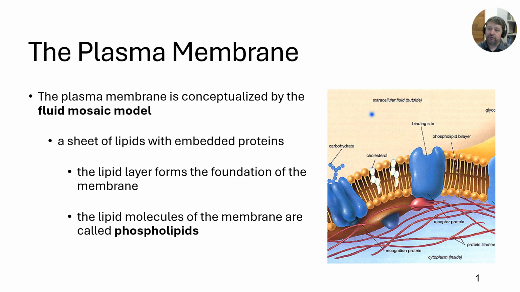But you can imagine if it provides a little rigidity, too much cholesterol embedded in these membranes means your water balloon just became a basketball. And now there's no flexibility in that outer membrane.